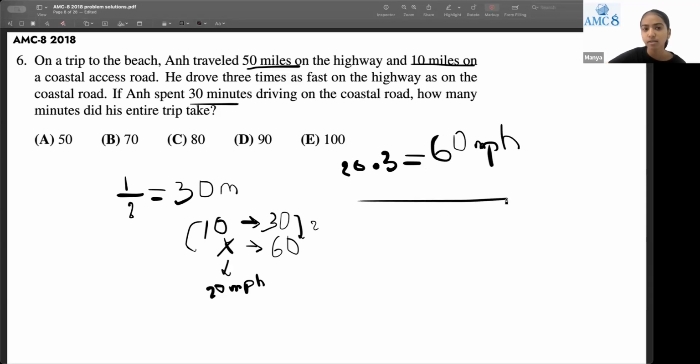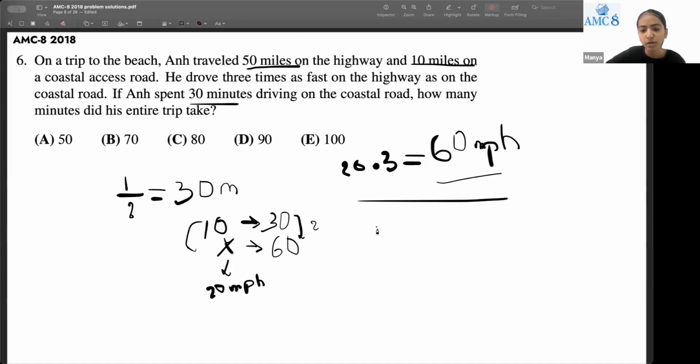So if he drove 60 miles per hour on the highway, since there's 60 minutes, he can drive 1 mile in 1 minute.